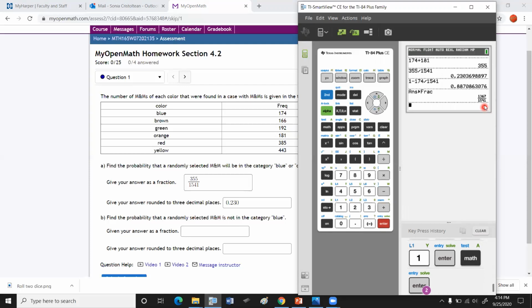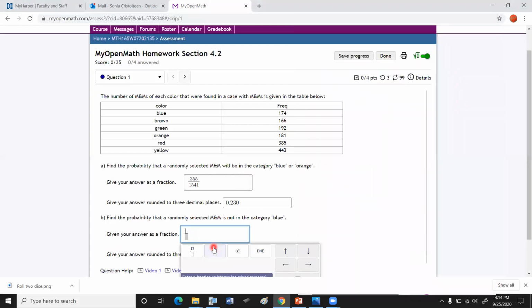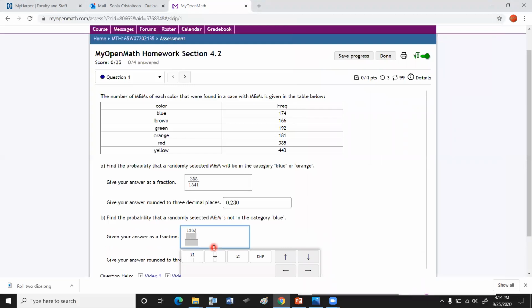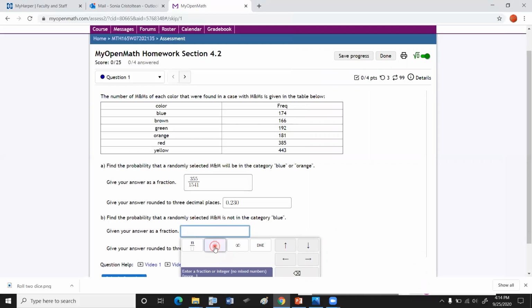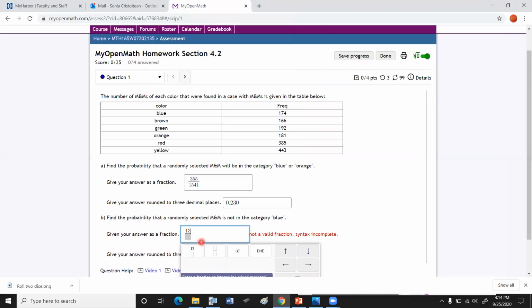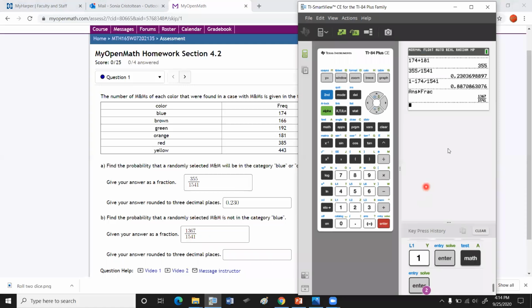I need to put my glasses on. 1367. 1367 divided, just a moment, I need a valid fraction. Here is the fraction: 1367 divided by the total number, which is 1541. Okay, and this is a valid fraction. I'll go back to my calculator to make sure I did not miss anything.